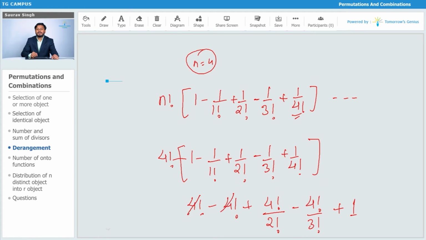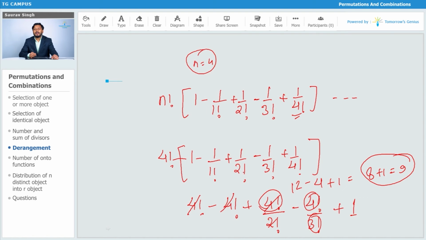These two will get cancelled out. 4 factorial is 24. 24 upon 2 is 12, minus 24 upon 6 is 4, plus 1. That will be 8 plus 1, total 9. There are a total of 9 ways of derangement.